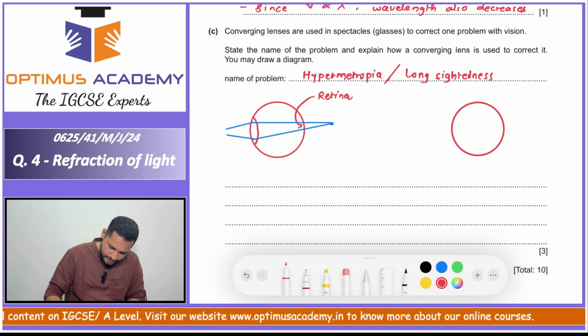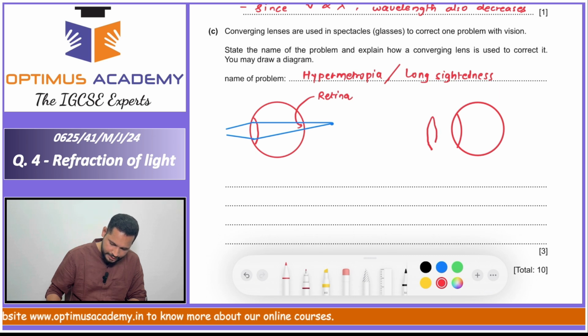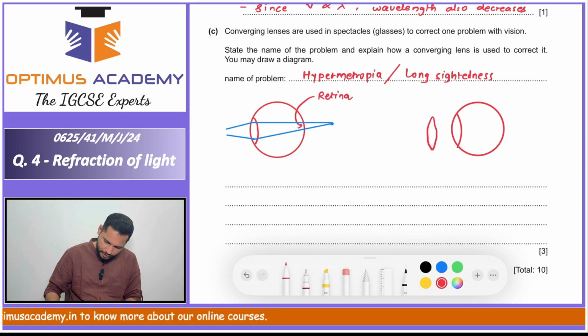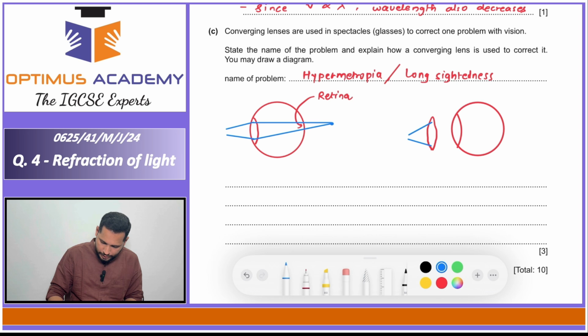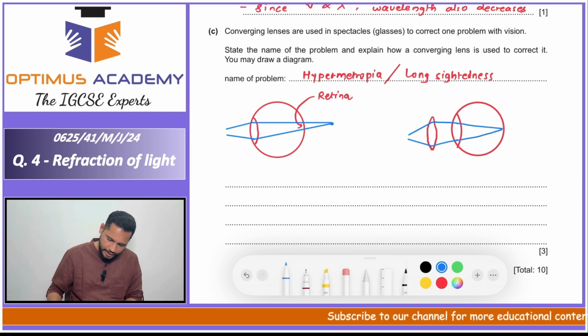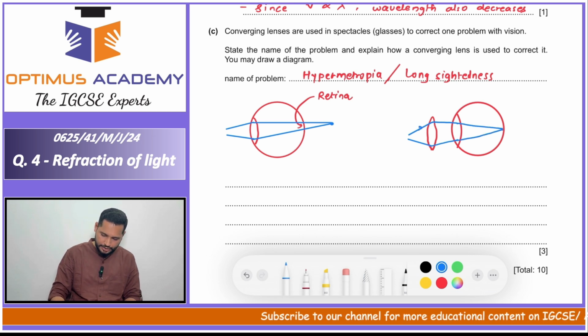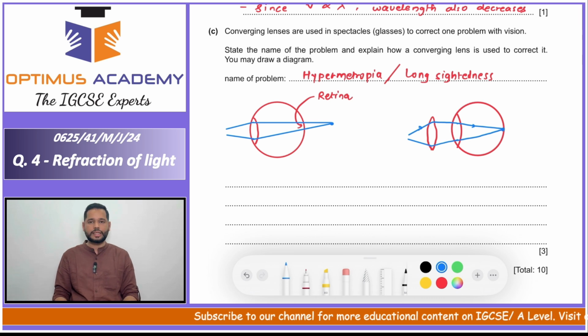So suppose this is your eye again, and we are using a convex lens like this. Now what will happen? The rays coming from the nearby objects will converge firstly due to the lens, and secondly they will again converge to meet at the retina like this, and the person will be able to see the objects clearly.